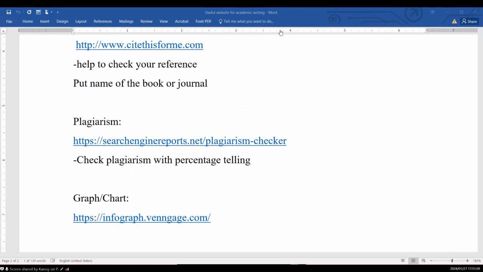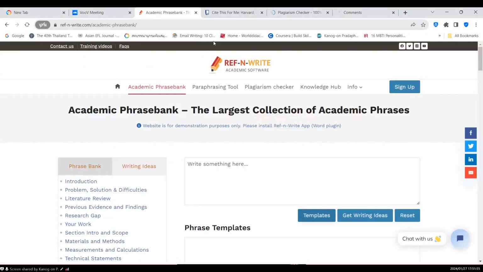Now, for today, I would like to show you this website we call Read and Write. I don't know if anyone has heard of it, but it is similar, with more functions.